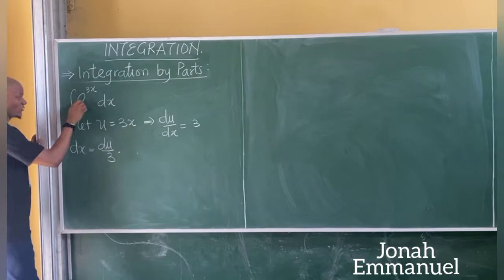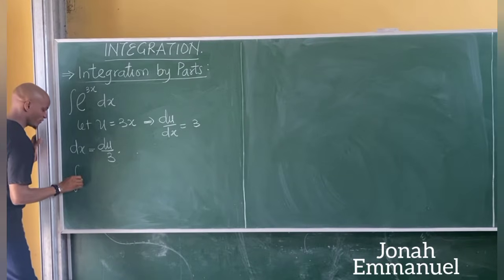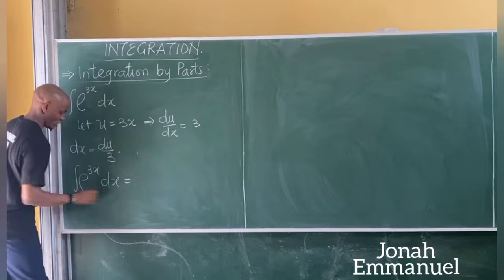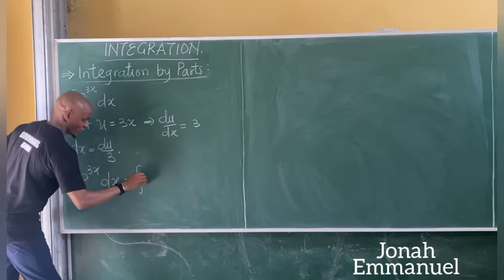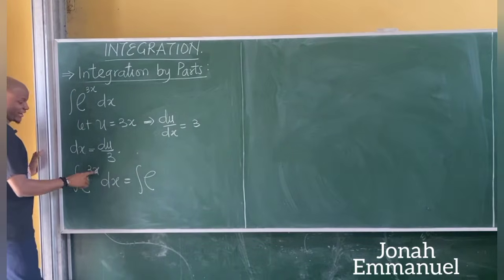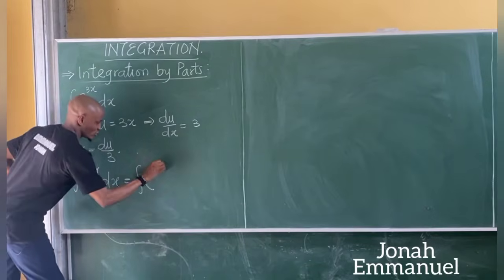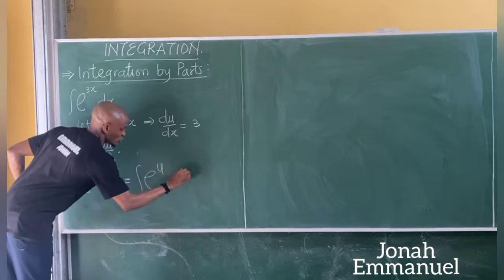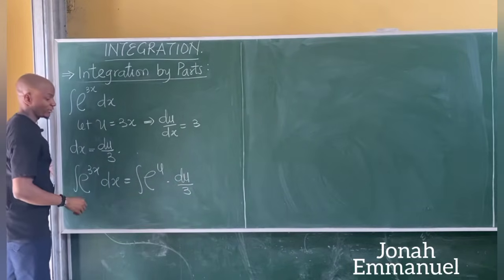And also, I will now have that the integral of exponential 3x dx is now equal to the integral of exponential, we set that 3x equal to u. This becomes u dot dx. The x in value is du all over 3.